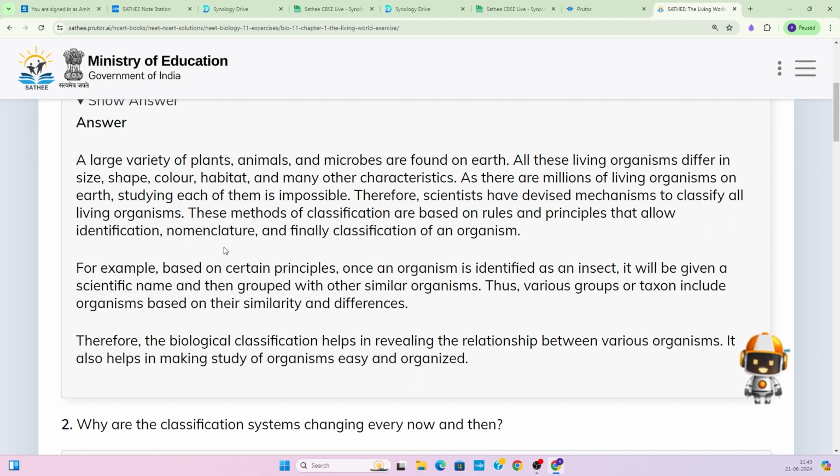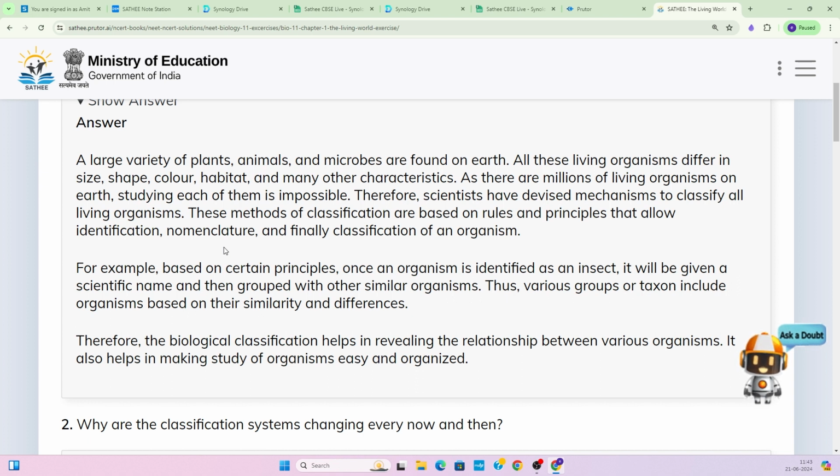So when you find an organism, you note down the characteristics and match them with the pre-existing phylum. You match it and place that organism in that particular group. Thus various groups or taxa include organisms based on their similarities and differences.